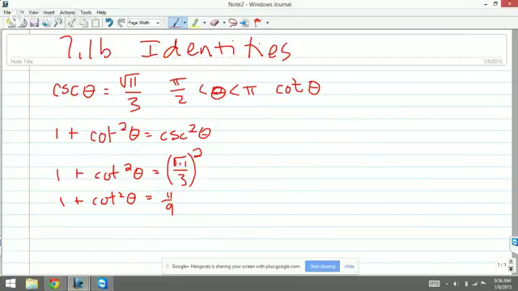Okay. You all right? Good? Now I'm going to subtract 1, which is 9 over 9, correct? So what do I get on that right side? Yeah, 2 over 9.